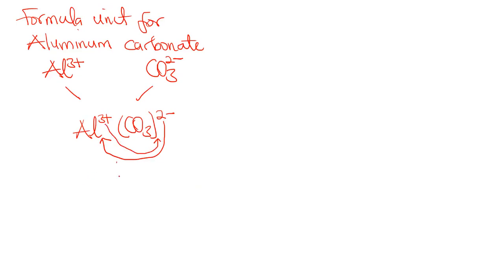In the end, you are going to have Al2, then in parentheses CO3, 3. That is aluminum carbonate. So really that's how we determine the formula for a carbonate.